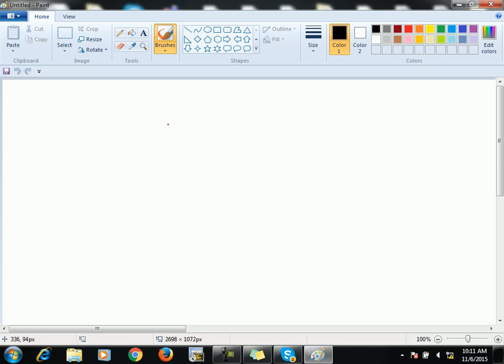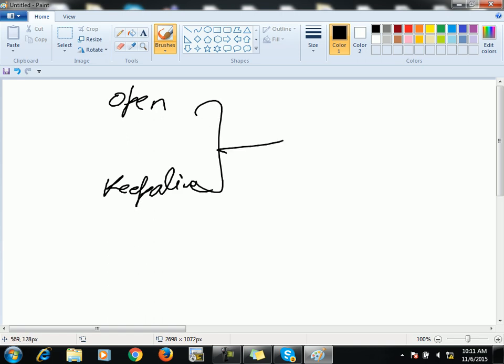So here, if you take an example, either open or keepalive, both of them are the same as hello in IGPs, whether it was EIGRP or OSPF.